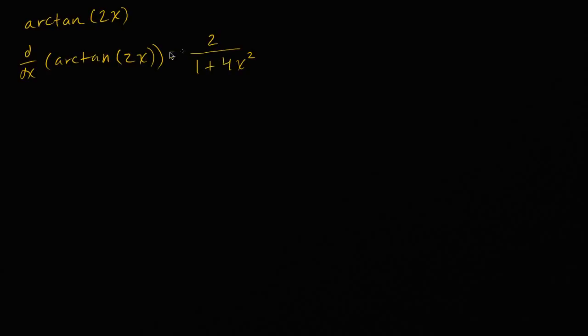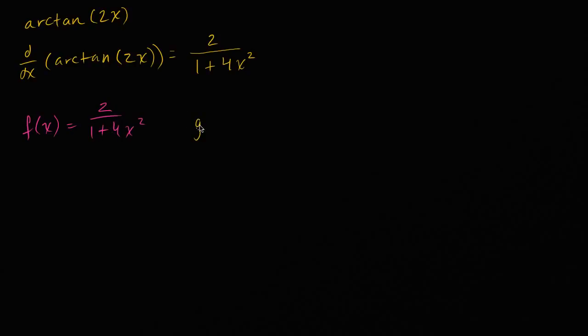But this is the key insight, I guess you could say. Let's just say f of x, which of course is the derivative of arctangent of 2x, is 2 over 1 plus 4x squared. Now, if we had another function that cleans it up a little bit so that we don't get all this hairiness when we take the derivatives.